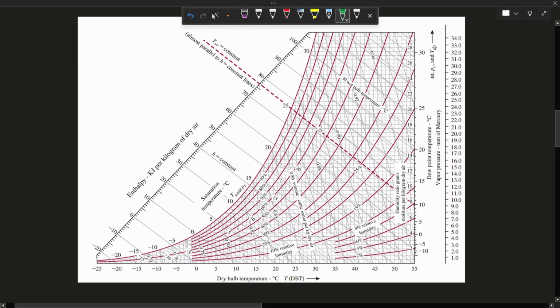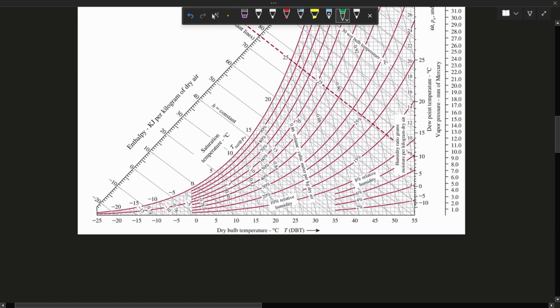For most of your problems, you need to pay attention to the temperature, relative humidity, specific humidity, enthalpy, and sometimes specific volume. For some rare questions, you need the dew point temperature and the wet bulb temperature. The wet bulb temperature is this line over here, whatever is parallel, but that's a very unique question.